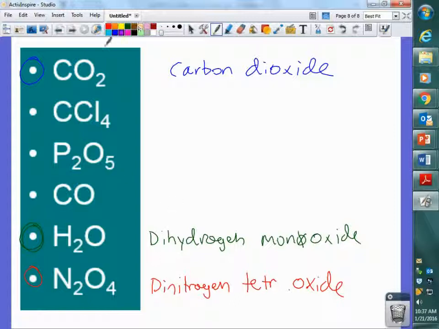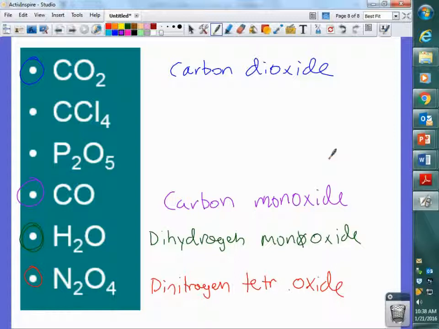Just like this one right here. Okay? So this one right here, CO. You don't use mono in front of carbon here because it's the first element in that formula, but then you would use the mono prefix for the second. So that's carbon monoxide.